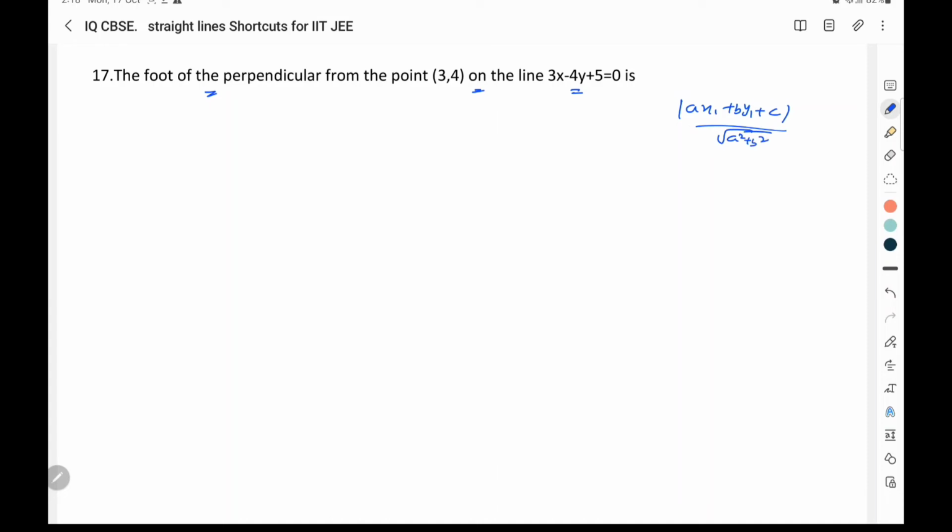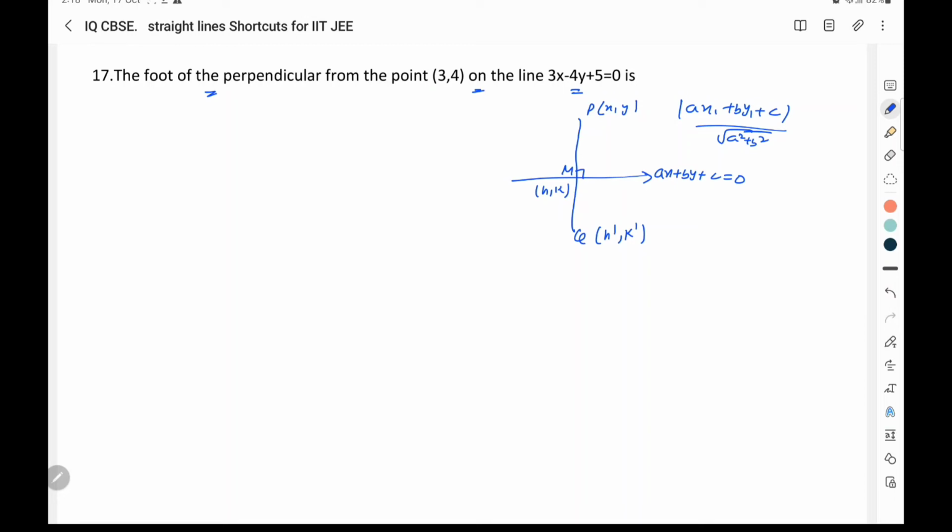But here we need the point itself. So before learning this, just draw this: p is x1 y1 and q is h dash k dash. This is a straight line, ax plus by plus c equals 0, and this point is h comma k.